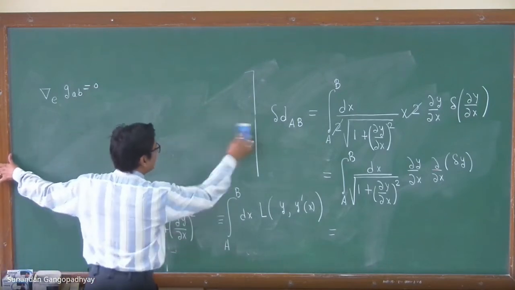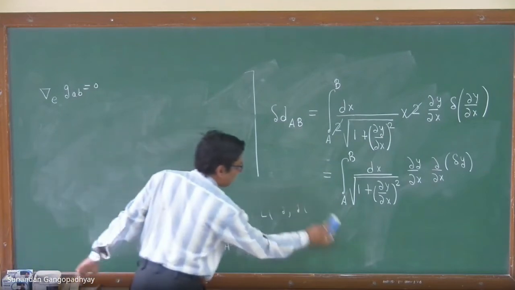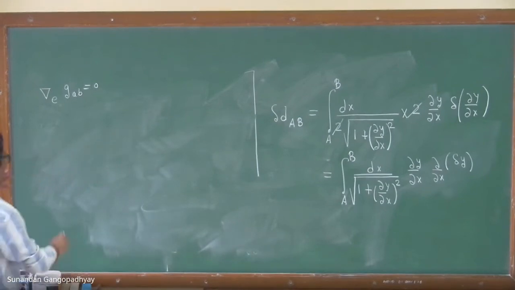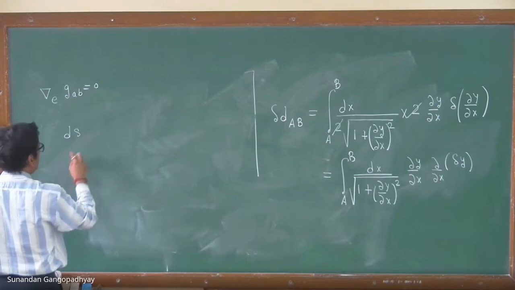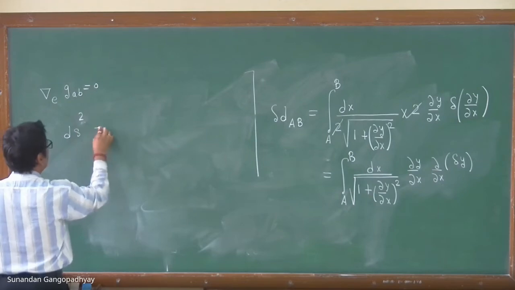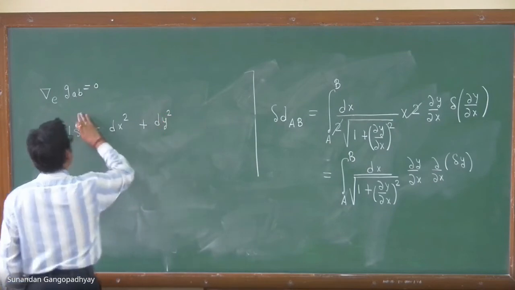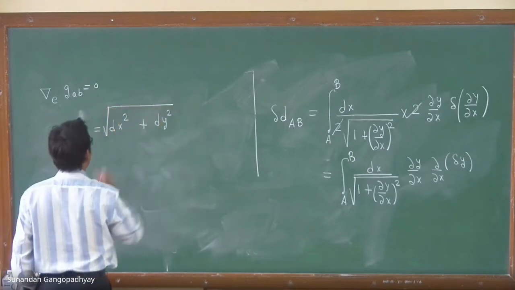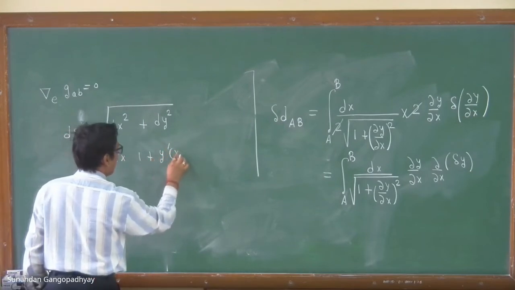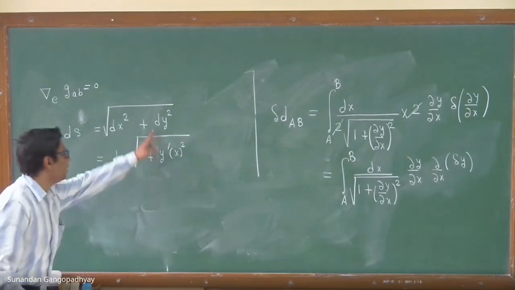Did you get any answer? Remember that square, this way, where y prime is basically your dy by dx.